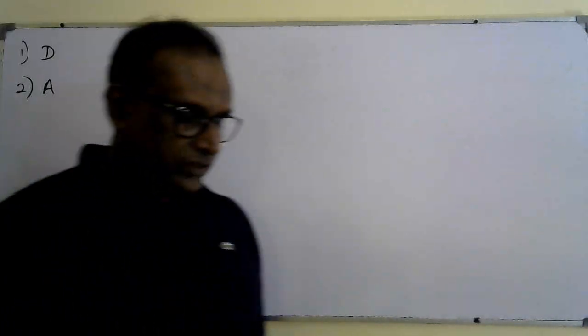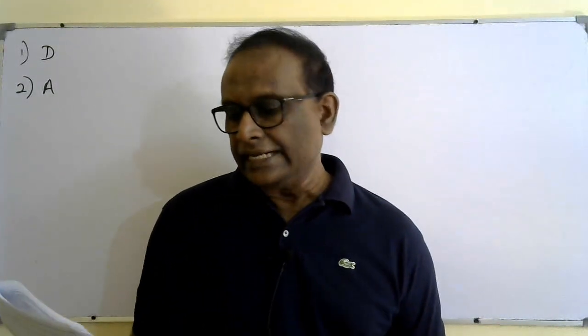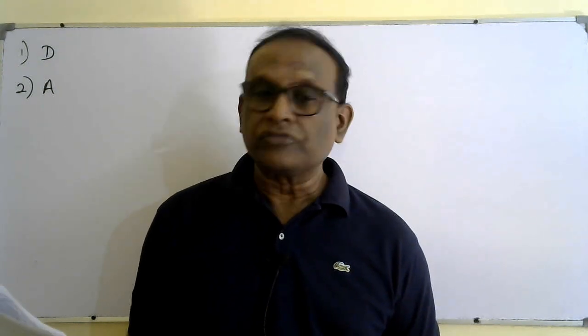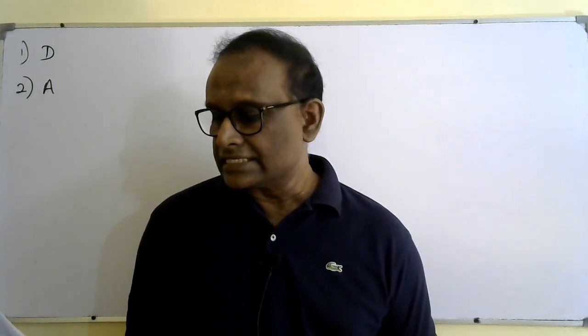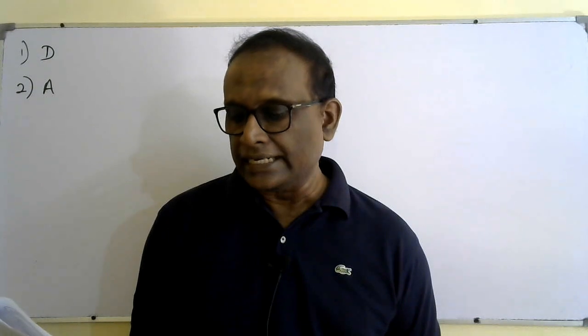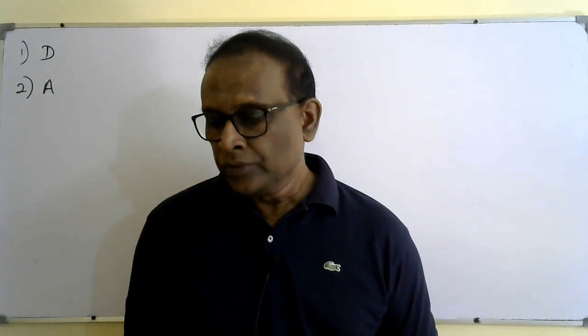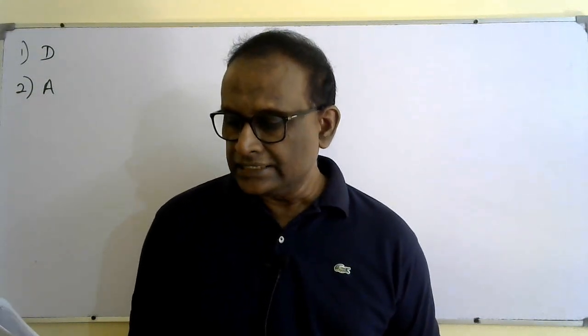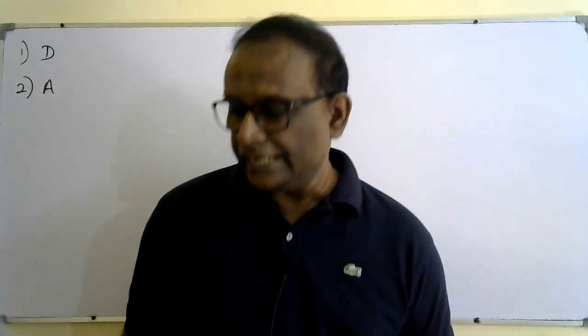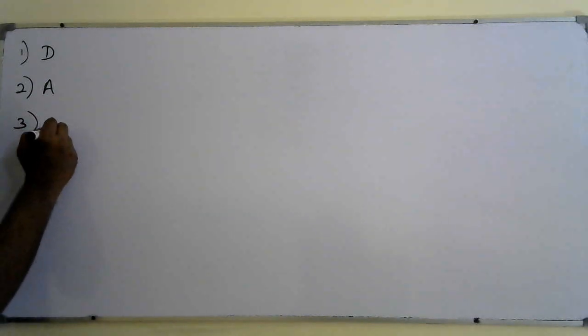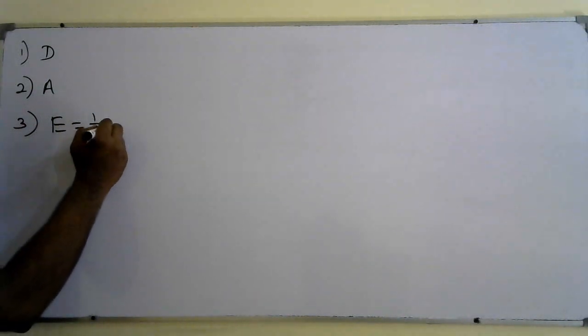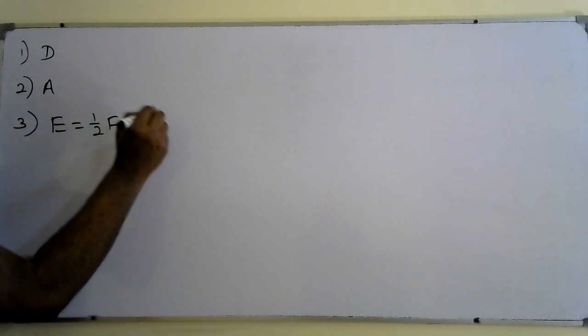Question number 3, I'll work it on the board. A spring is stretched by applying a force of 3 Newton. The elastic strain energy stored by the spring is 0.04 joules. Which of the following expressions gives the extension in meters? Elastic strain energy is given by half F delta X, given in the data sheet.